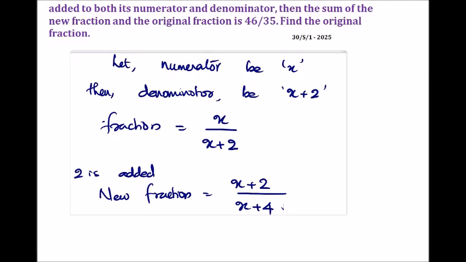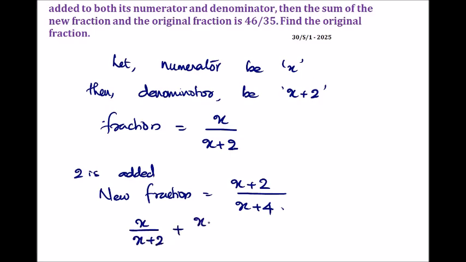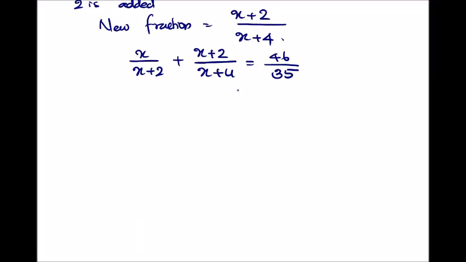Now given that the sum of the new fraction plus the old fraction is 46 by 35. That is, x by x plus 2 plus x plus 2 by x plus 4 is equal to 46 divided by 35. Now we want to solve this.